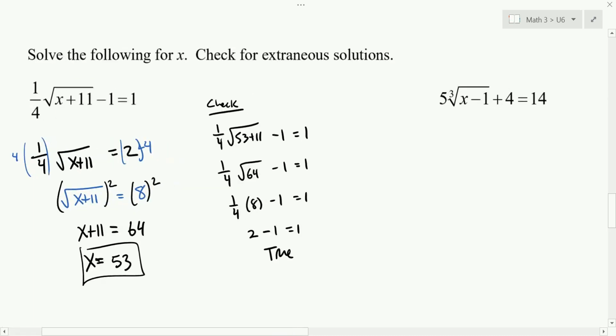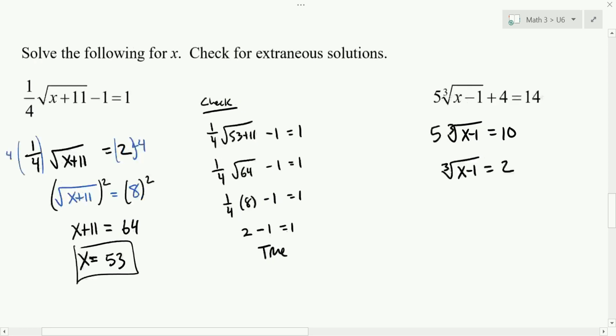Okay, so then the next one is a cube root function. It kind of works the same way. Kale, what'd you do first on this one? Subtract 4. You get 10, and then divide by 5. Okay.